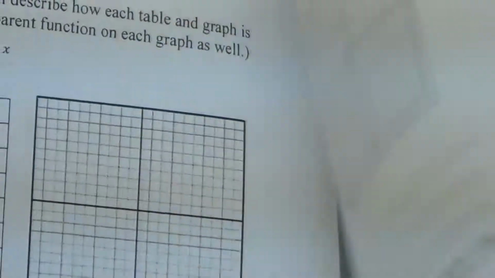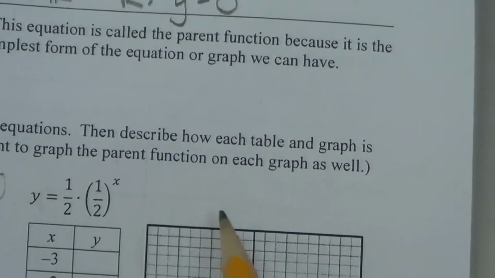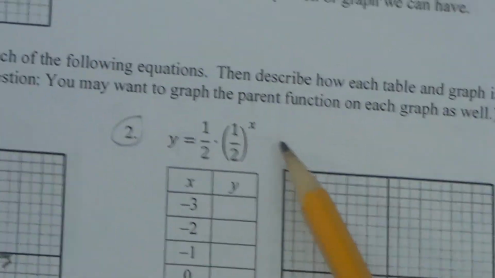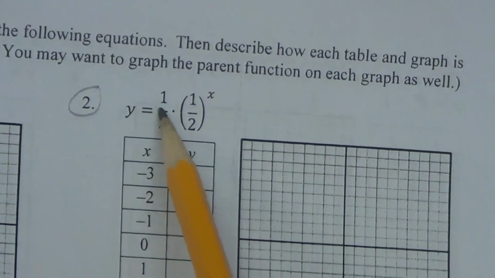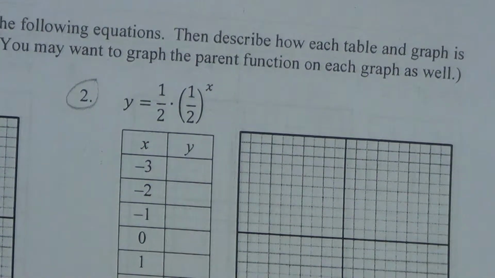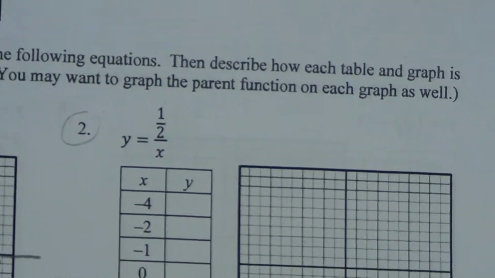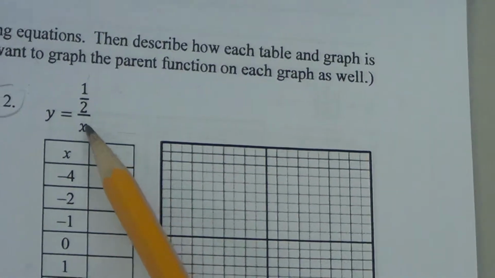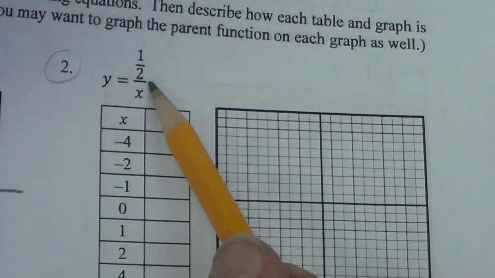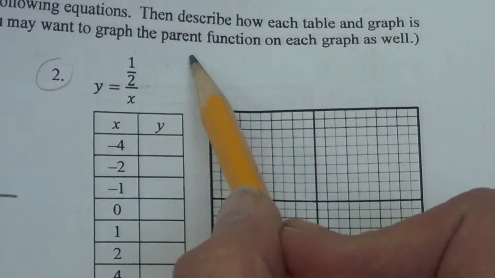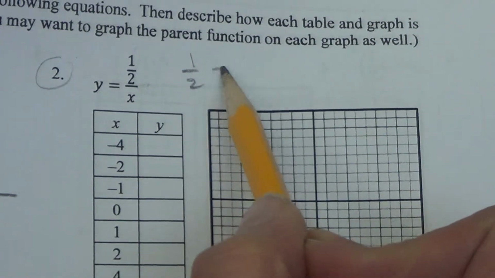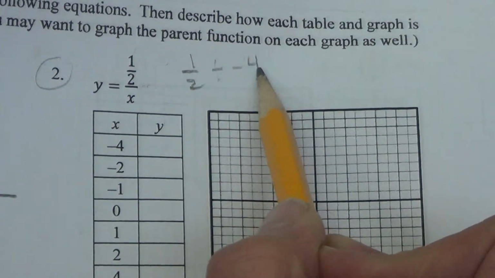On the next problem, it's an exponential function as well. You need to raise it to this power or take the value out of here and then multiply that by 1/2 to get your values here. And the very last one, this can be kind of tough. Take 1/2 divided by -4. I usually write it out this way, divided by -4.